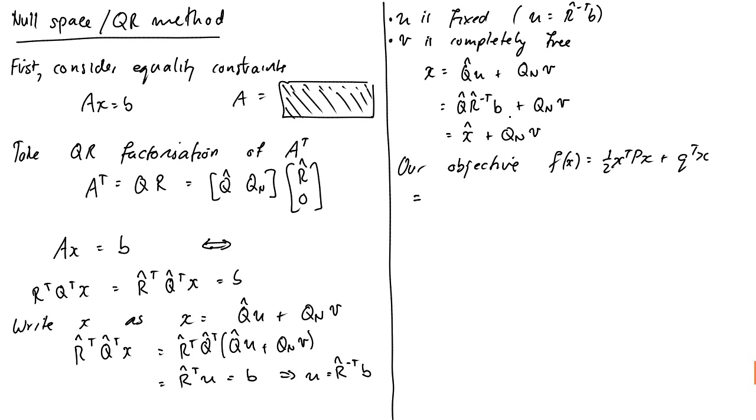Wherever I see an x, I'm just going to stick in my new expression for x. So I'll get 1/2 (x hat plus Qn v) transpose times P times (x hat plus Qn v) plus q transpose times (x hat plus Qn v). You can see why I didn't want to write this down all the time.